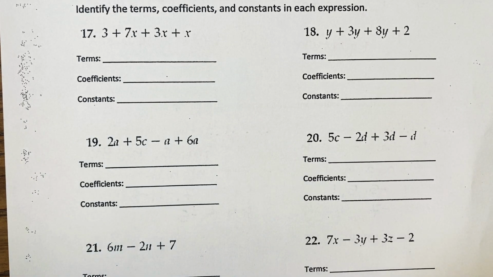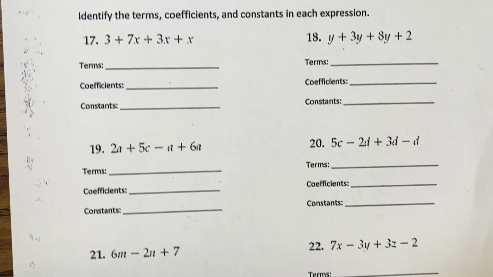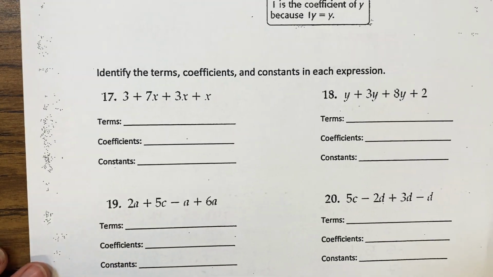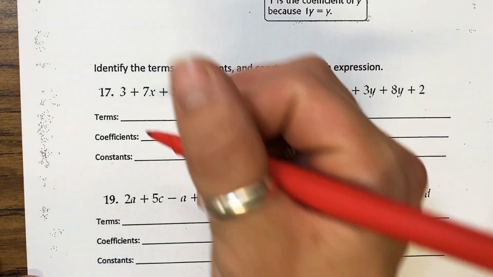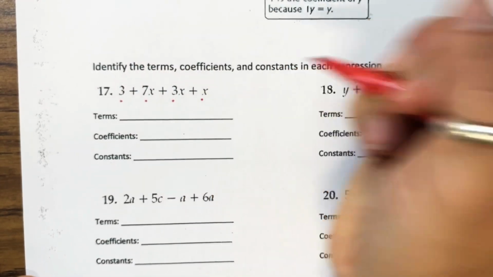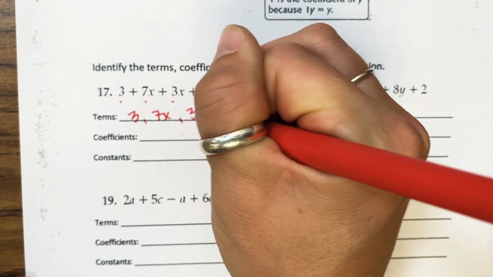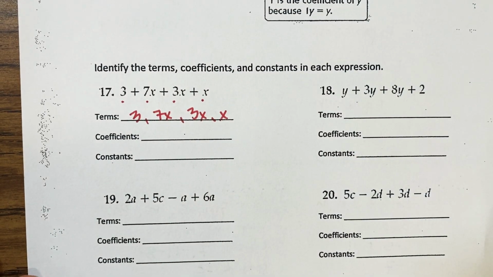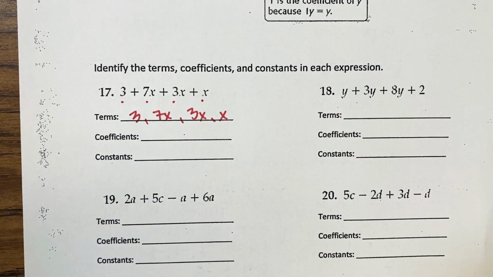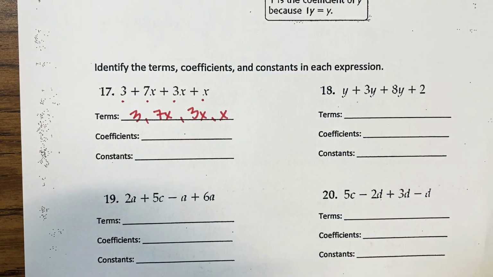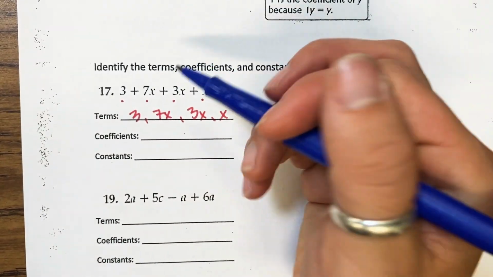Okay, so 17. So hopefully you tried those on your own. 17, our terms are 3, 7x, 3x, and x. Okay, our coefficients, we have the numbers in front of variables.